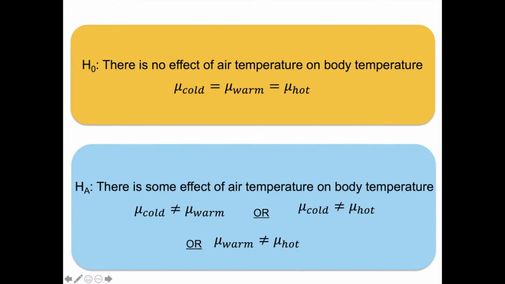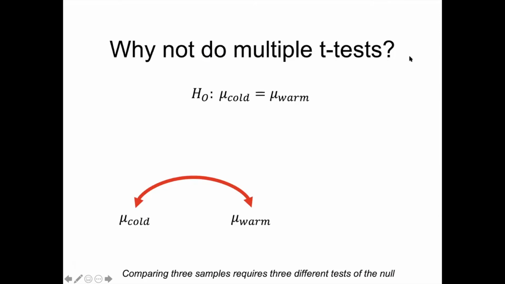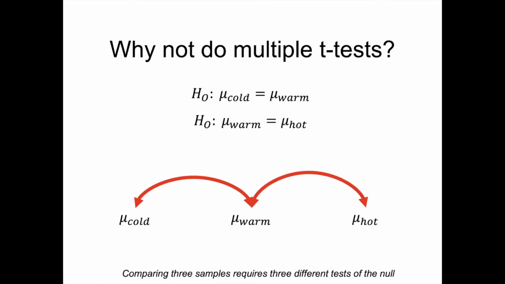So when we perform our comparison between cold and warm, then we're testing the null hypothesis that the mean body temperature of squirrels experiencing cold temperatures is equal to the mean body temperature of squirrels experiencing warm temperatures. When we compare warm to hot, we're testing the null that the mean in warm temperatures is equal to the mean in hot.